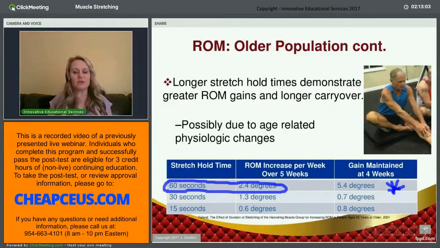Where I tend to educate my patients on this is when they're returning to wellness and activity, if they're going to classes at their local gym. I'll go to spin class, and then at the end of spin class, the instructor will take everyone through their stretching, which is great. I count, the average hold times are maybe 10 seconds, which for your middle-aged and average population is on the low end of what's beneficial.